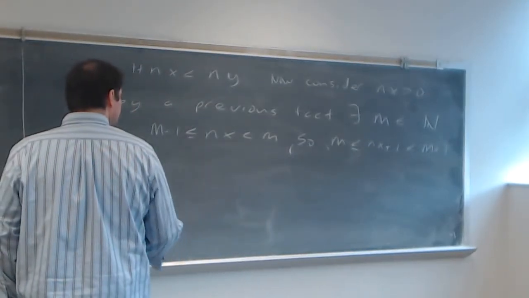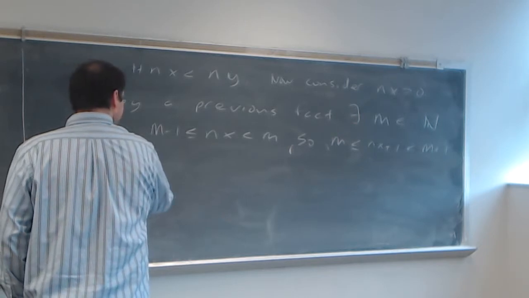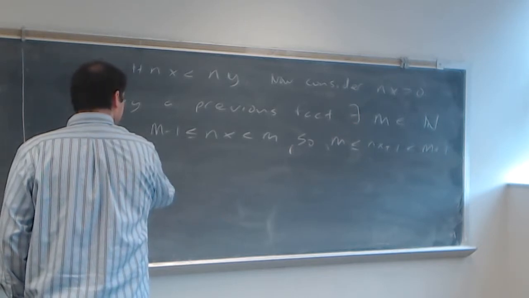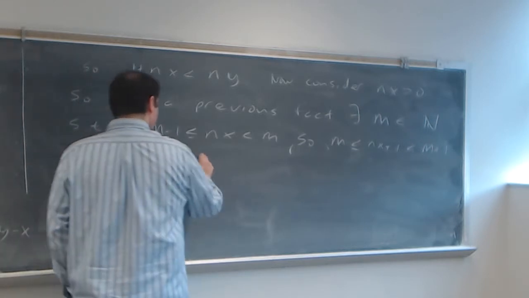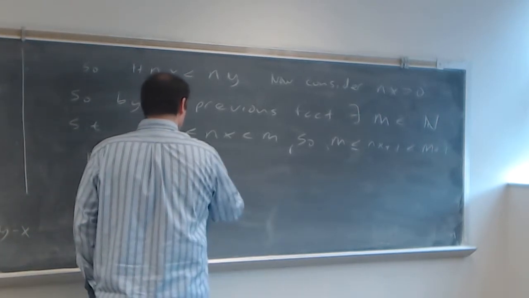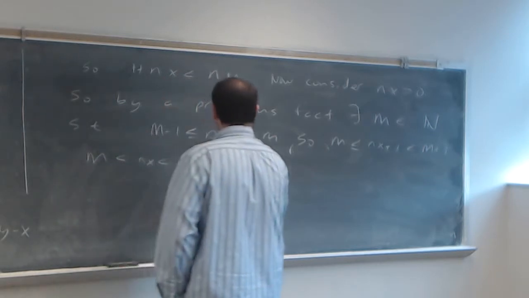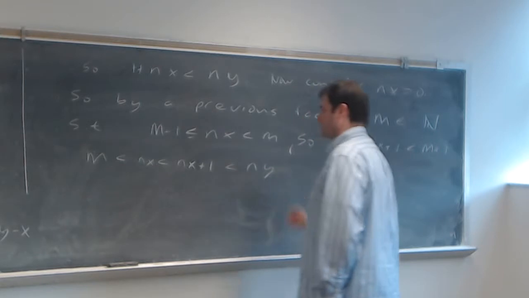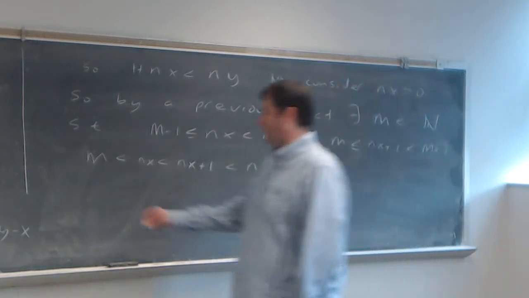So here, I have m is less than, let's say, nx, which is less than nx plus 1, which is less than n times y. That's what I can write. Let me put down "thus" in front of me.